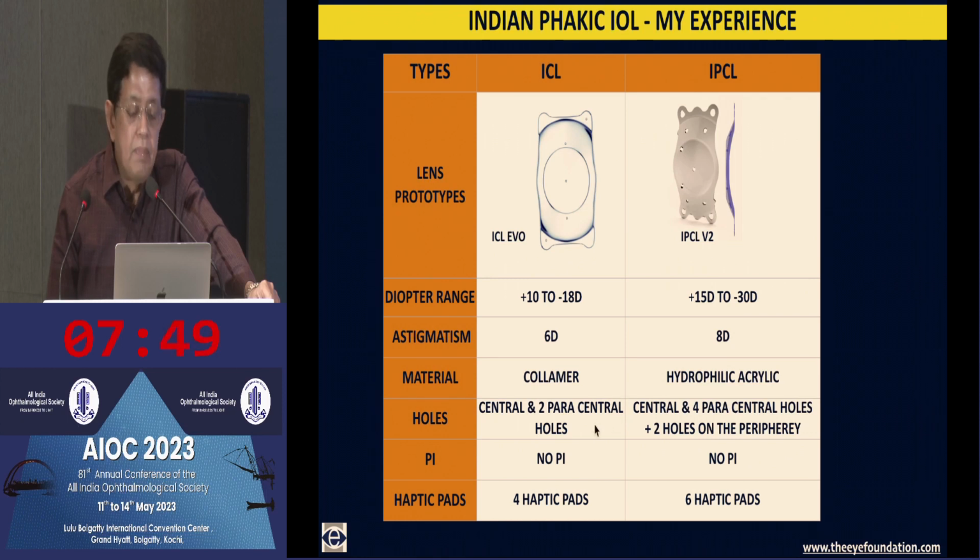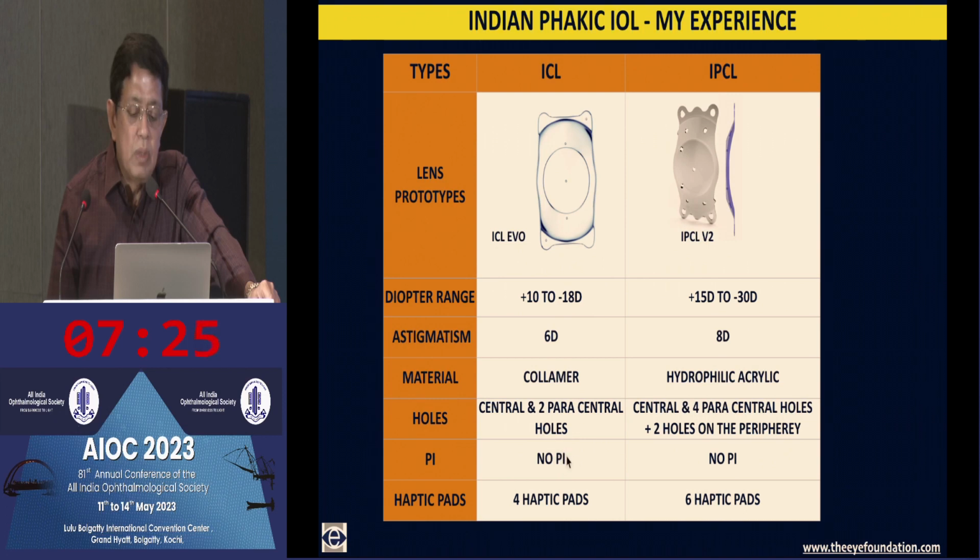The ICL per se comes with a central hole and two paracentral holes, and it has a leading right haptic and a trailing left haptic. On the other hand, the IPCL is a more holey lens, in the sense it has a central hole, two para-optic holes which should be situated superiorly, and there are also 4 holes on the haptics of the lens.